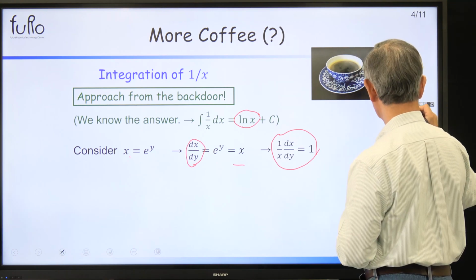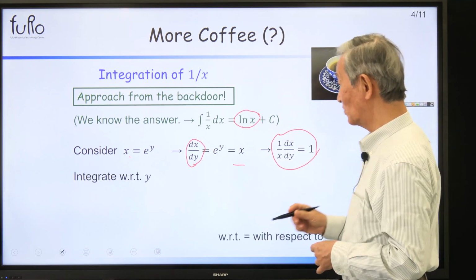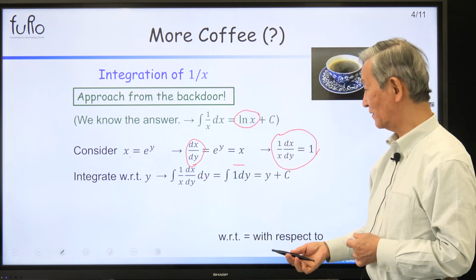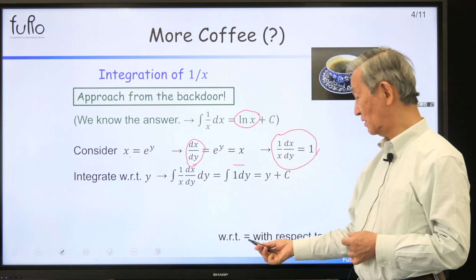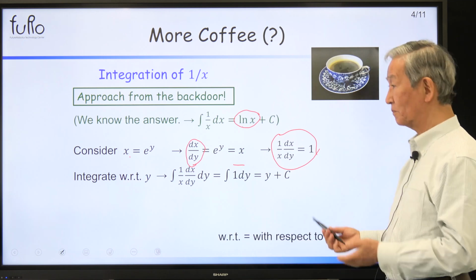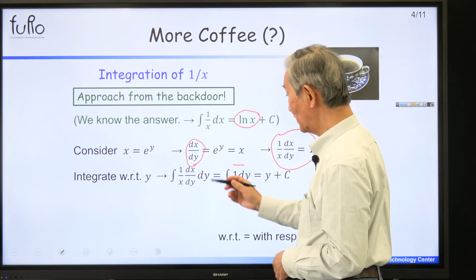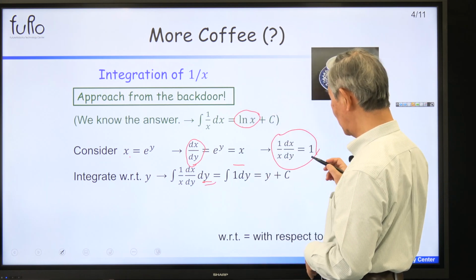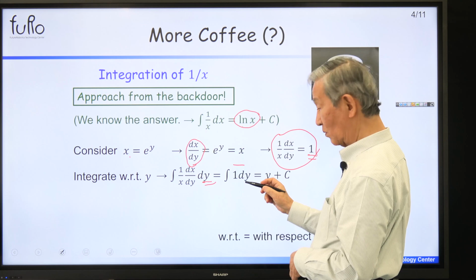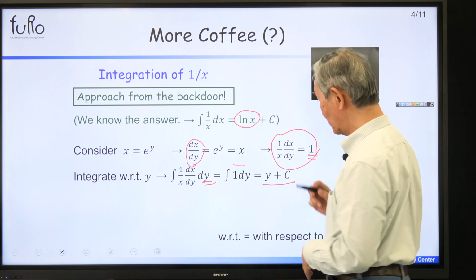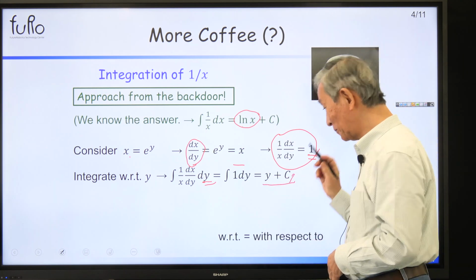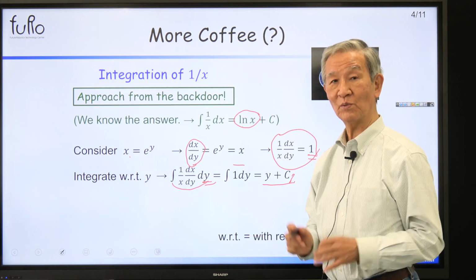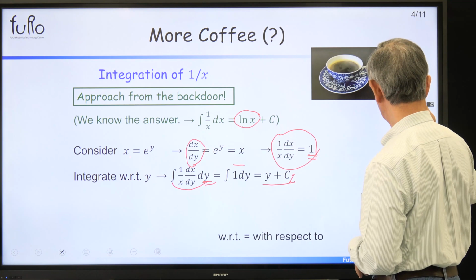Aha! So, the next thing is we integrate this with respect to y. WRT stands for with respect to. So, integrating in terms of y, and the other side is just 1. So, 1 integrated in y is y plus c. Don't forget c. And for this one here, you can use rule C, right?